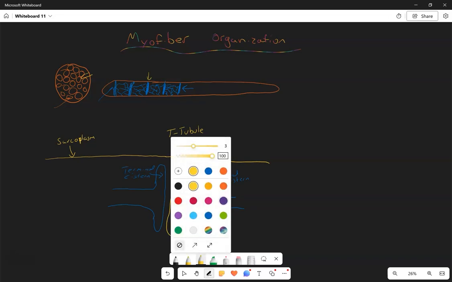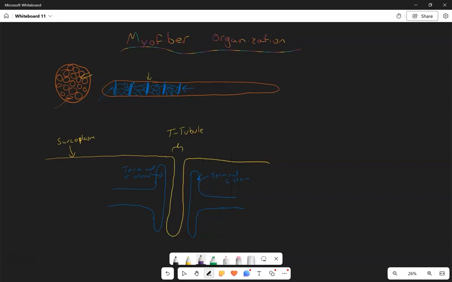Those three things collectively together are known as a triad. So that is a triad of a skeletal muscle, and that organization is really, really important.